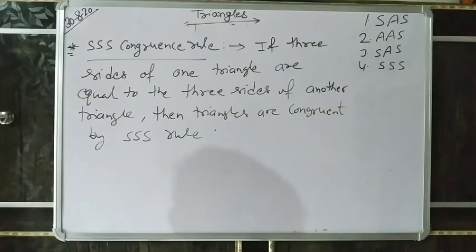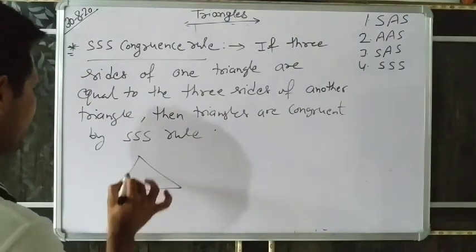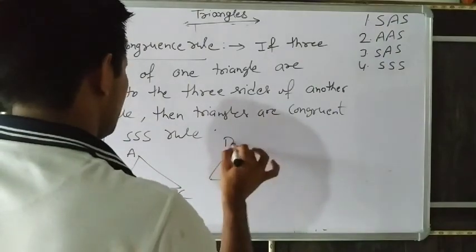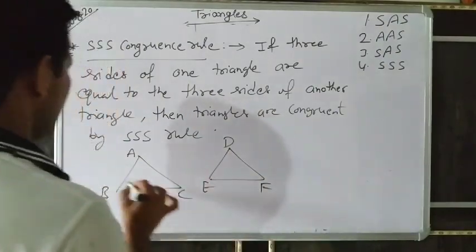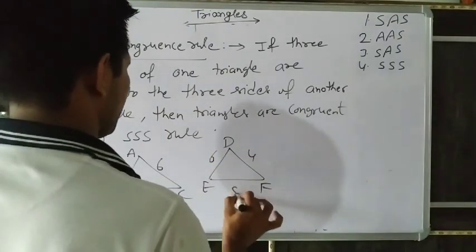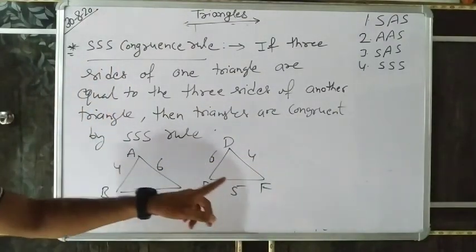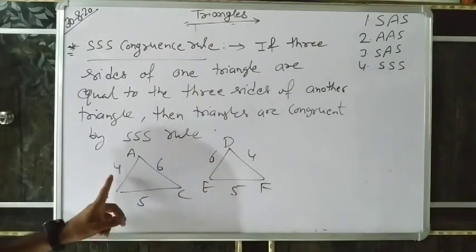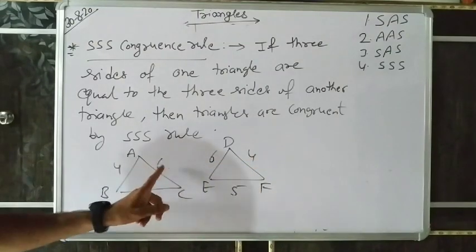What is it? In triangles ABC and DEF, the sides are 4, 5, 6 and 6, 4, 5. So AB equals DF, BC equals FE, and AC equals DE.